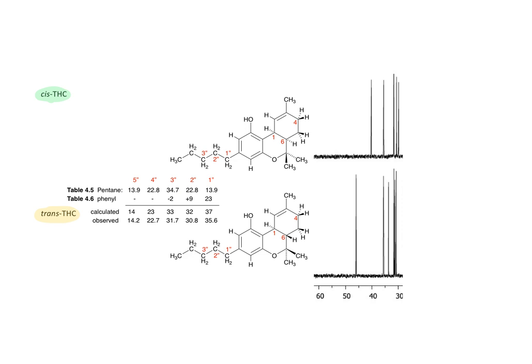The next section of the spectrum that we can analyze is from 50 to 30 parts per million. In trans THC, we see 6 carbons.